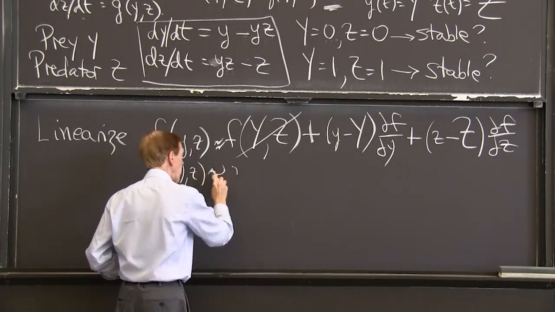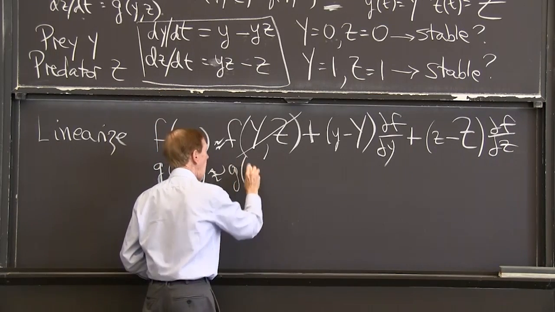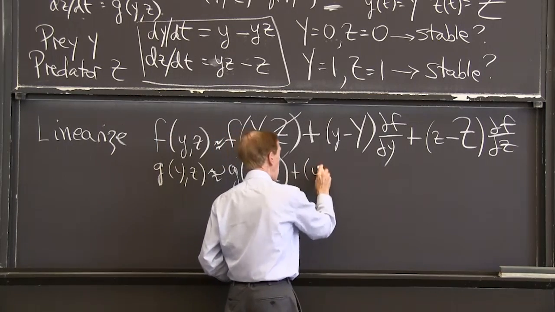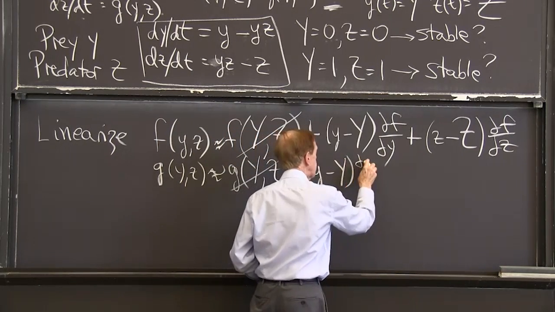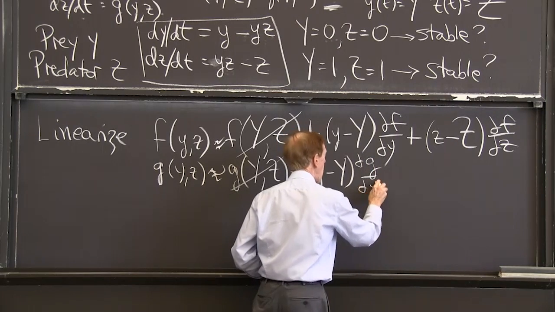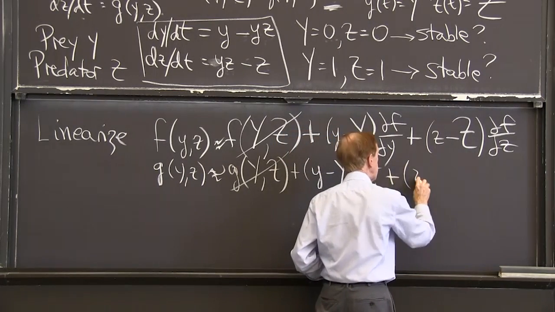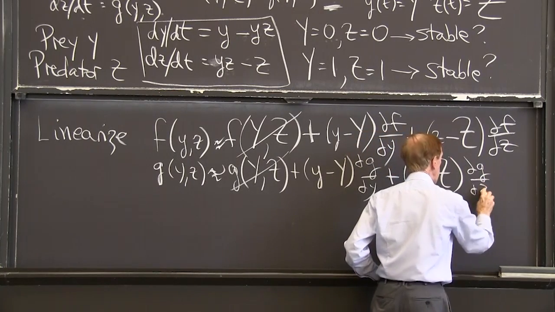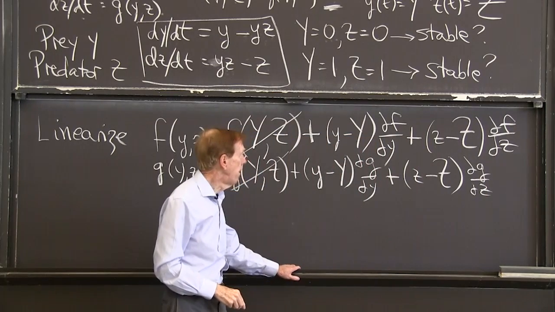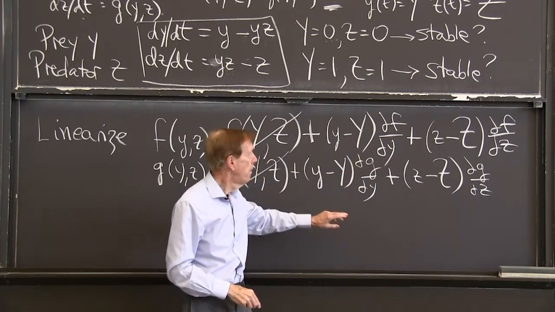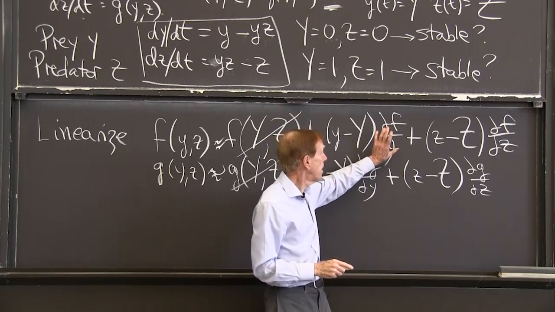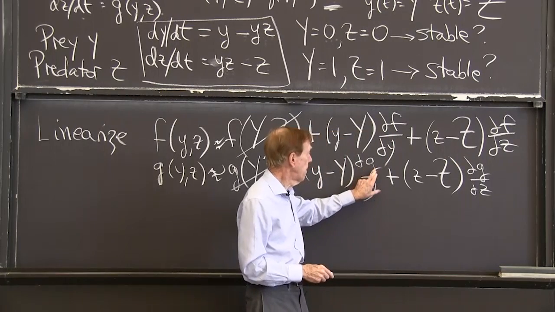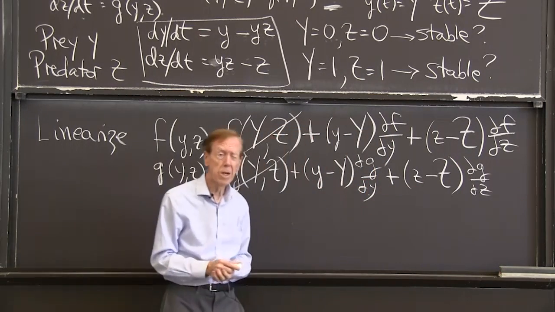And that, again, will just be approximately g at the critical point, which is 0, plus y minus capital Y times dg dy, plus z minus capital Z times dg dz. So altogether, the linear stuff has four numbers: the derivatives of f in the y and z directions, the derivatives of g in the y and z directions.